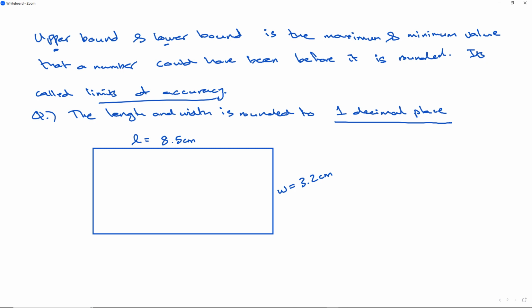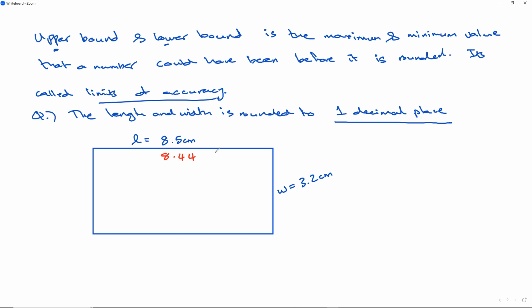We could have a number on this side like 8 point, to one decimal place, like 8.49, right? And that would be valid, right? We could also have a number like 8.48, 8.47, 8.46, 8.45. The moment we go to 8.44, it doesn't round.